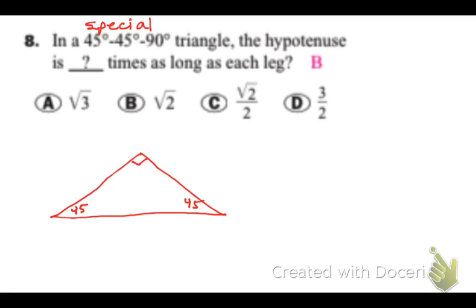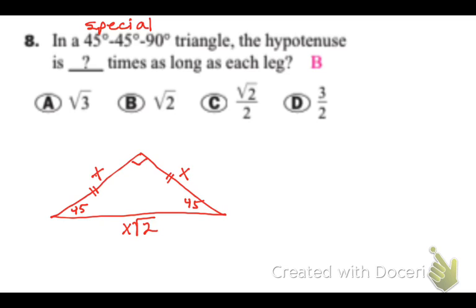And the rule says that the two equal legs, remember these are equal because it's a 45-45-90, say those are x, and our hypotenuse here is going to be equal to x times root 2. Please have that in your notes so you can access it.